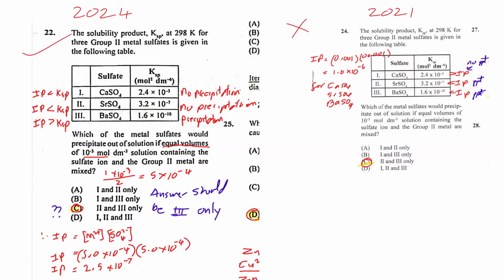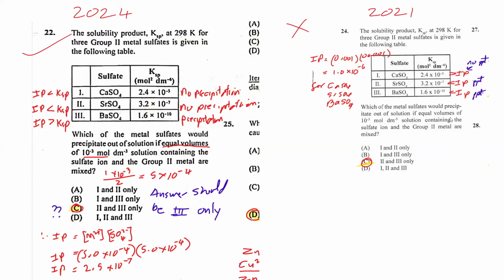So when you work it out using the 1 times 10 to the minus 3 given for the concentration for the equal volumes, you get 1.0 times 10 to the minus 6. When you compare this IP value with the KSP values, you get no precipitate for the first one because the IP is less than the KSP value. But for the other two, you'd get precipitates.